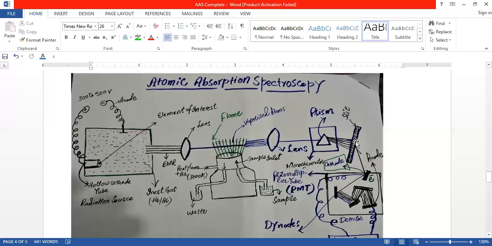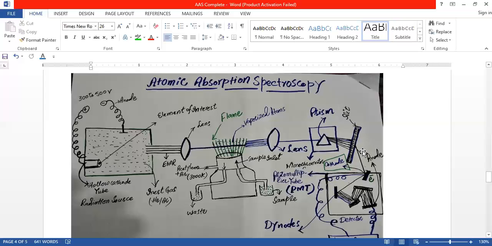By using the slit, we can select a specified wavelength. For example, if we are analyzing sodium, then we will select 589 nanometer. If we are analyzing potassium, then we will select 767 nanometer. And if we are analyzing gold, Au, it will be 243 nanometer. So that will be according to the wavelength of the particular element.